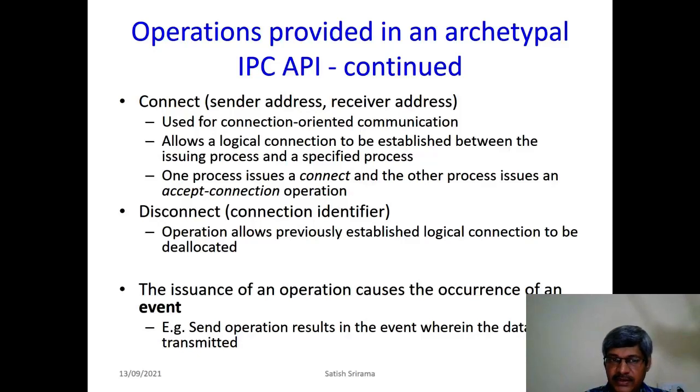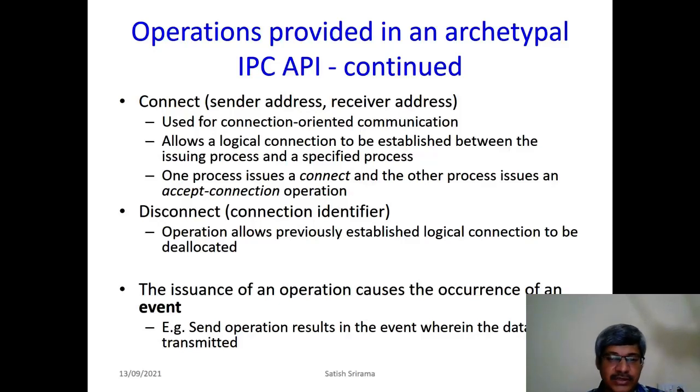For establishing this connection, one process issues the connect operation, and the other process issues an accept connection operation. For example, the sender issues a connect, and the receiving process should issue an accept connection operation.